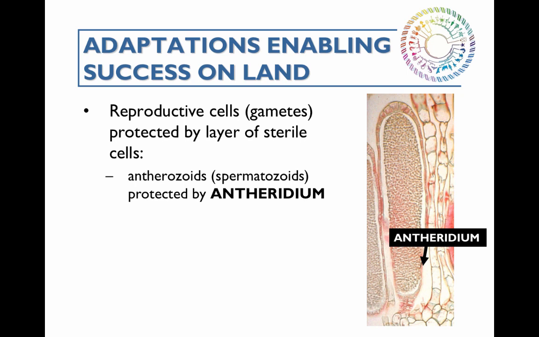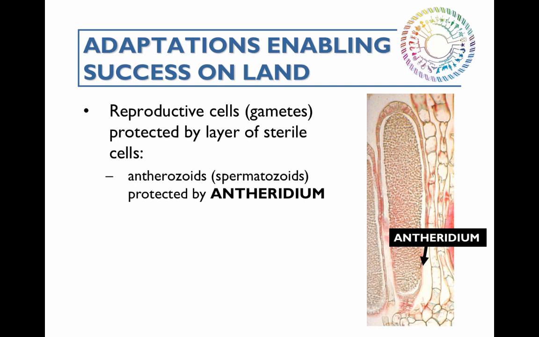So if you have a look at this photograph on the right-hand side, you have an antheridium. Basically, this is a bag of sperm here. There is a protective layer covering it, and there's a little stalk at the base. The antheridium is actually a very, very simple structure. It's a protective bag surrounding the cells that form the sperm and then protecting the sperm themselves.